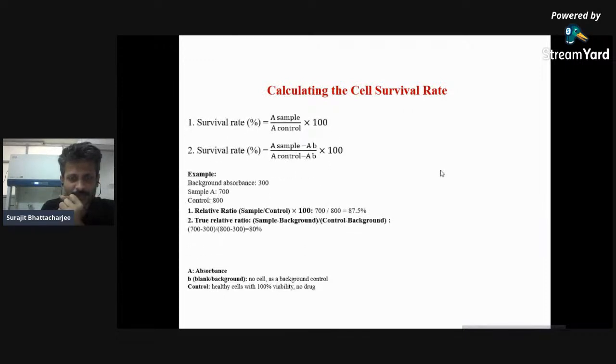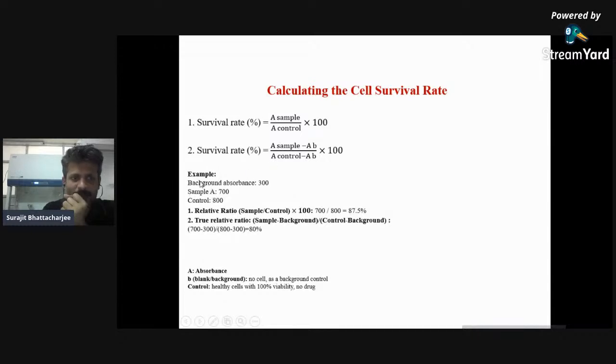And for calculating the cell survival by using MTT, we generally use this formula, that is, survival rate is a sample where the drug has been used and the control where we did not add any drug. And then by using this formula, we can calculate the survival rate.